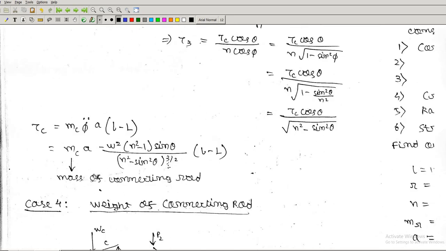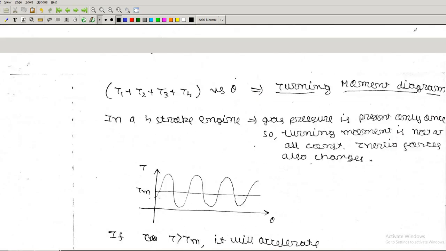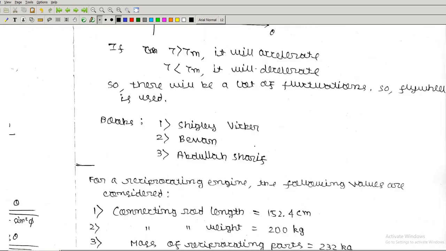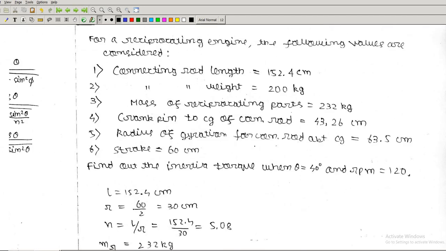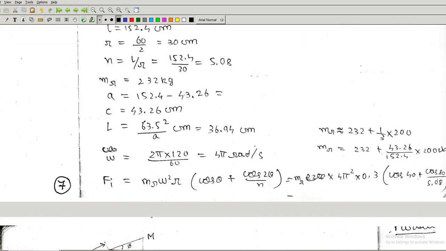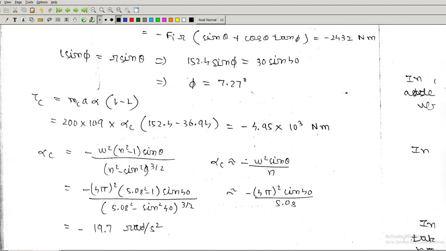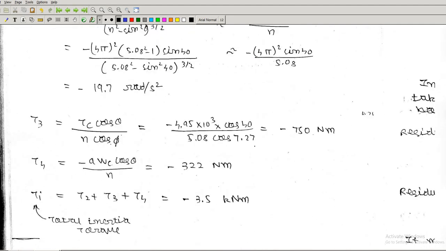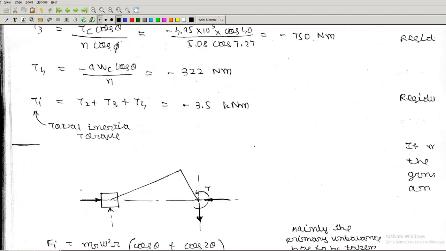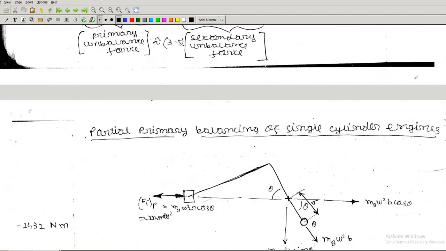So from here actually two topics originate. One is the balancing part and one is the turning moment diagram, and since the turning moment varies, there is a question of using a flywheel. So we'll look into both of these topics in our subsequent classes. So for the time being we stop here.